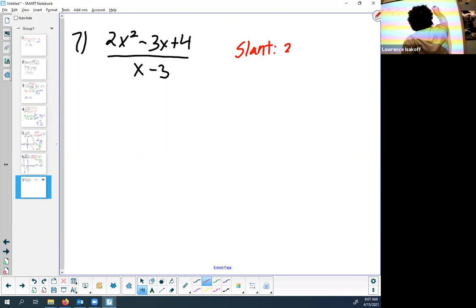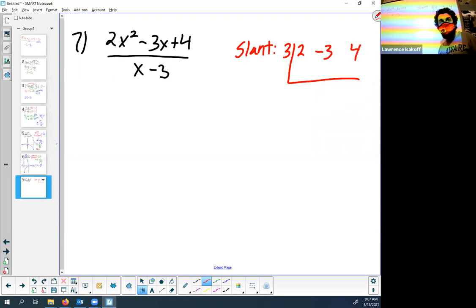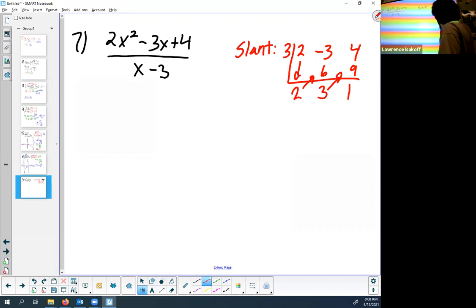And I'm just going to do 3 goes into 2x squared, 3, negative 3, and 4. So bring down the 2. 3 times 2 is 6. 3 minus 6 is a positive 3. 3 times 3 is 9. Technically, this has a remainder of 13, but I don't need to worry about the remainder.